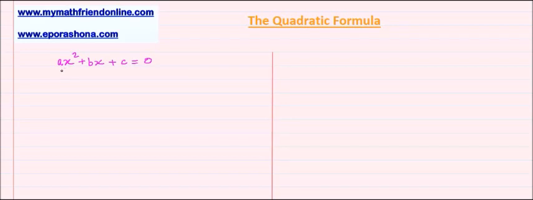If we multiply the entire equation by 4, that is the coefficient of x squared, we will be getting the first term as 16x squared, which is 4x whole square. Even then, we still get a perfect square term.